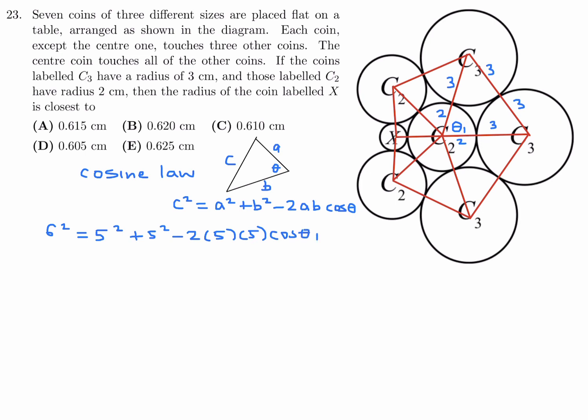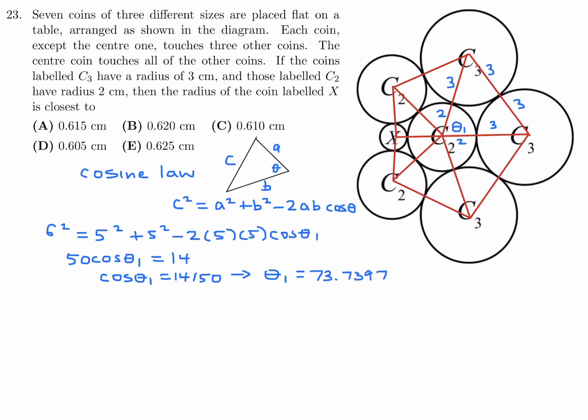So put everything on one side, and we get here 50 cos theta 1 is equal to 25 minus 36, which is 14. So that means the cos of theta 1 is equal to 14 over 50. And therefore, when you take out your calculator and figure this out, theta 1 is equal to 73.7397.